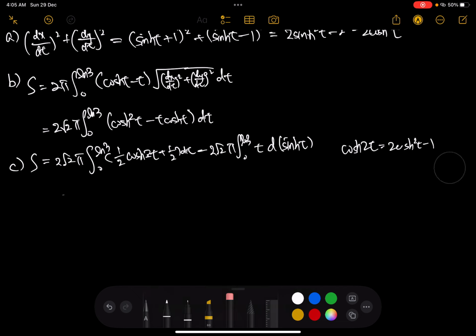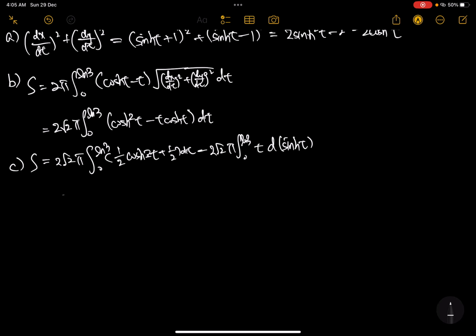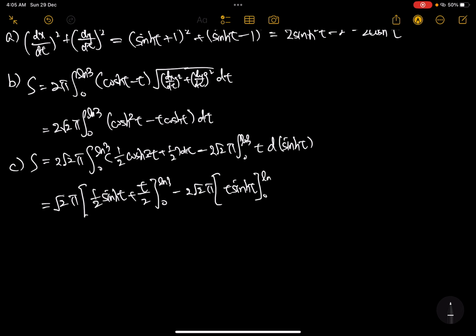Let's erase that because that's way too basic. And then root 2 pi of 1 over 2 hyperbolic sine of 2t plus t over 2 from 0 to natural log 3, minus 2 root 2 pi of t hyperbolic sine of t from 0 to natural log 3, plus 2 root 2 pi of hyperbolic sine of t dt.